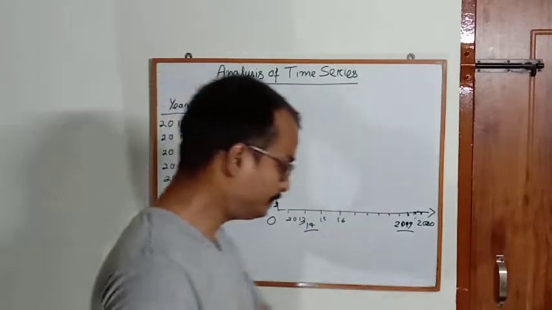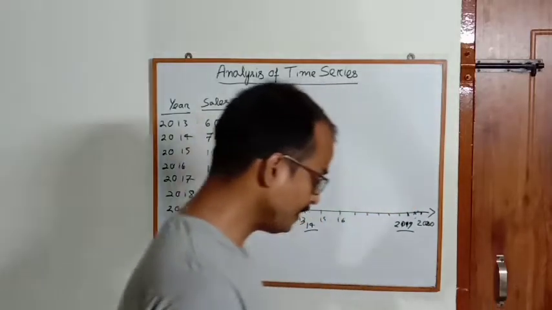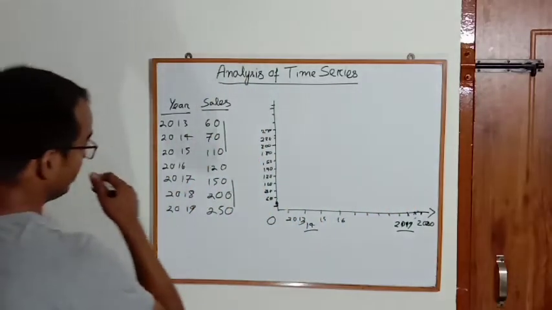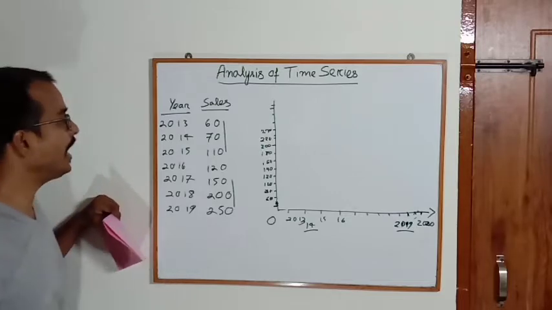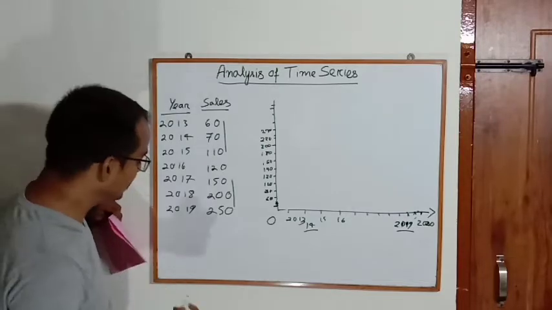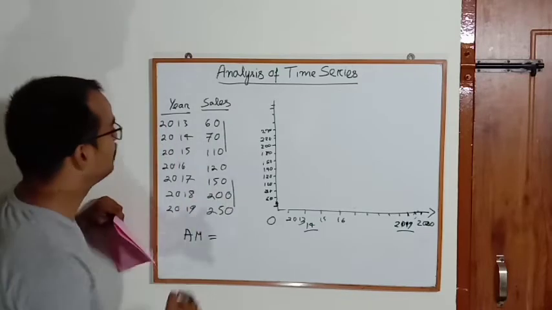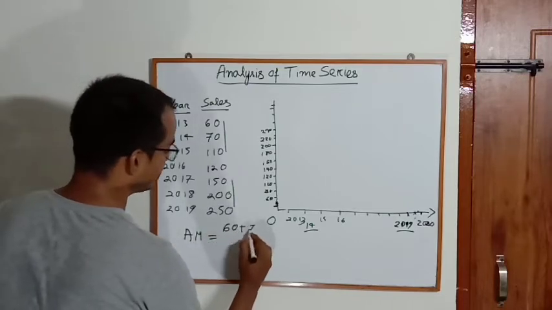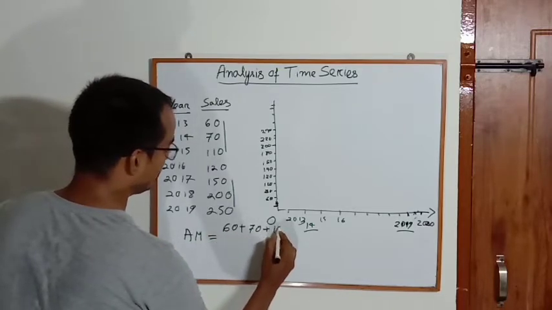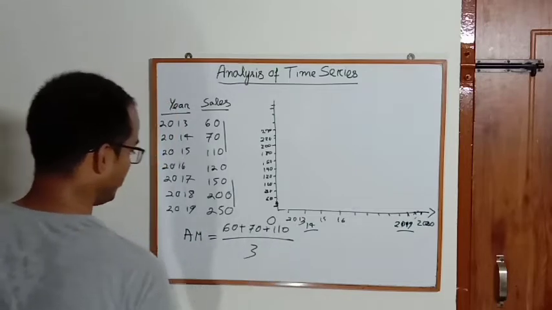Now, in the next step, you take the arithmetic mean of the first group. The first group is 60 plus 70 plus 110 by 3.